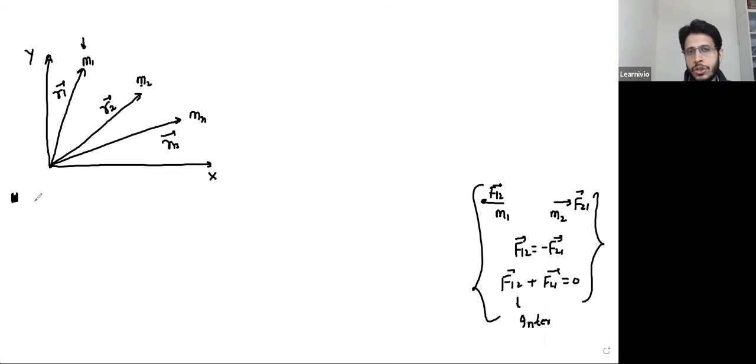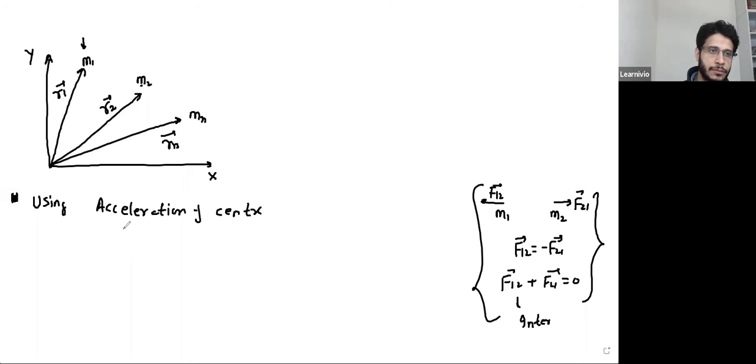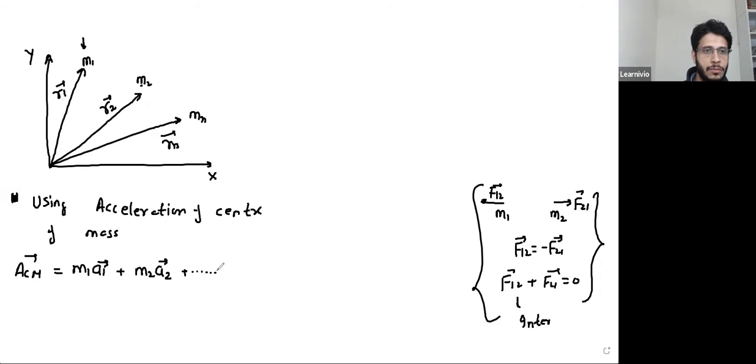If I use the expression of acceleration of center of mass, this was the expression: the acceleration is m1a1 plus m2a2 plus mnan divided by m.